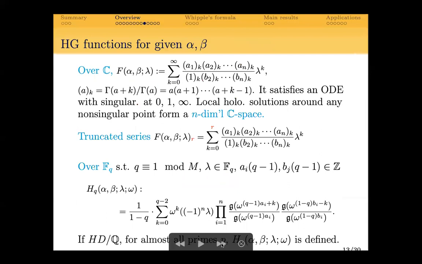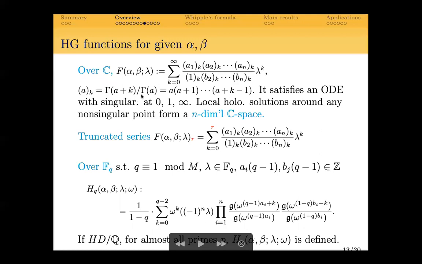And now, once you have alpha, beta, which are two multisets, the classical hypergeometric function, as we mentioned, is defined to be this formal power series. You put the upper parameters on the top, formed by rising factorials. They are actually quotients of gamma functions.